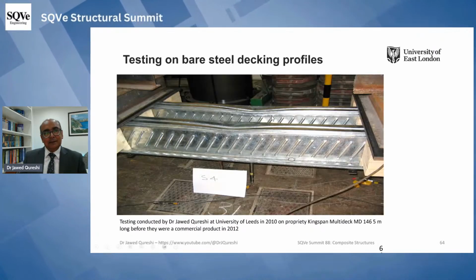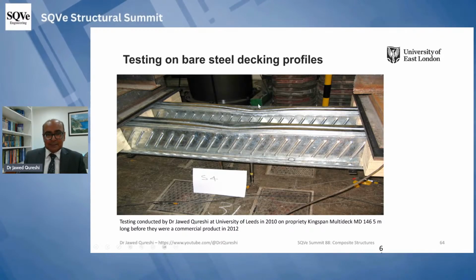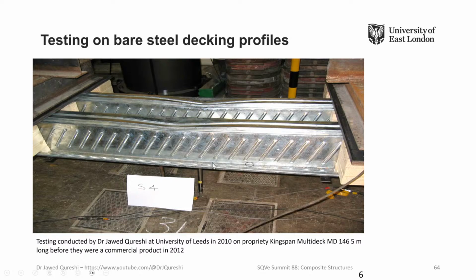And after failure, you can see that the deck is buckling over here. You can see slight depressions, and you can see these embossments which are running in this direction from left to right. Surprisingly, I think most of you would have seen it, if you see it on the other side of the deck, they will run from right to left.